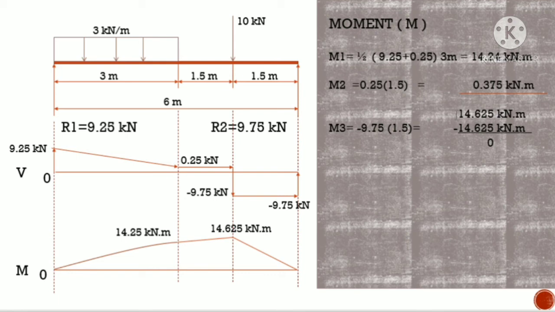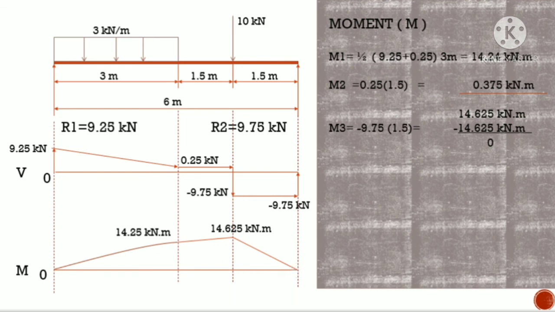Kasi from 14.625 minus 14.625, zero. Kasi dapat ma-close natin yung diagram. Okay? We have to close the diagram from 14.625 to 0. Kasi pag hindi nyo na-close ang diagram, mali ang iyong solusyon. Okay?